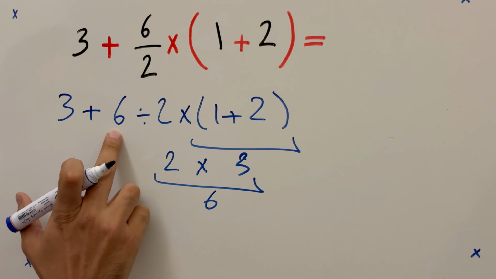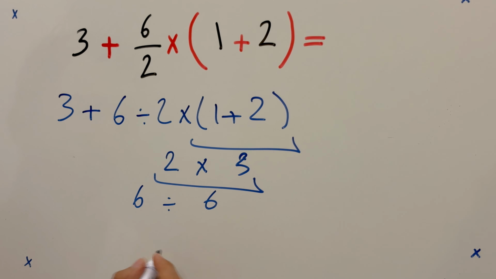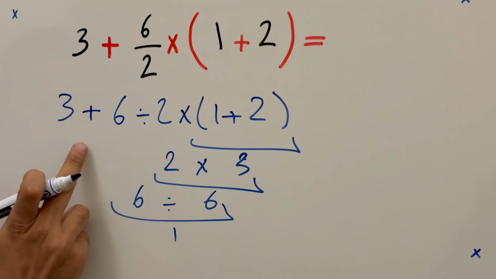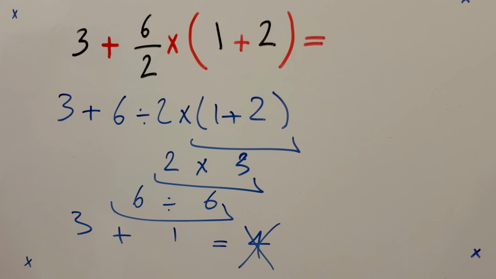Now we have 6 divided by 6 gives us 1. And finally, 3 plus 1 gives us 4. But this answer is not correct.